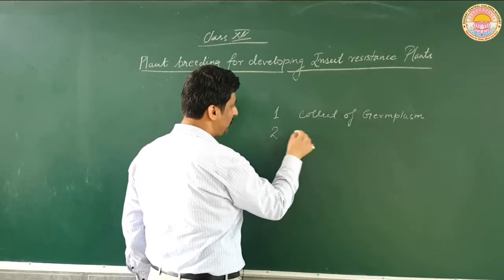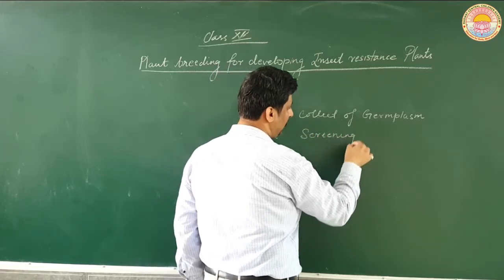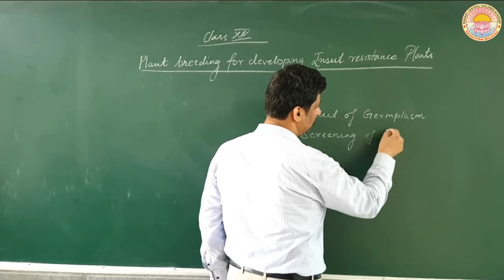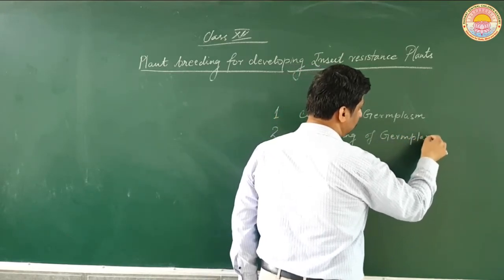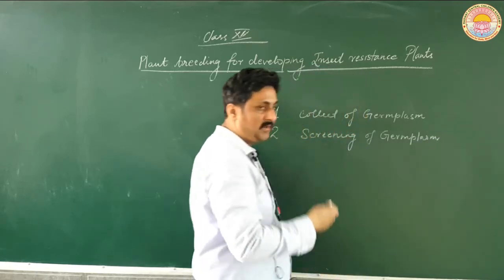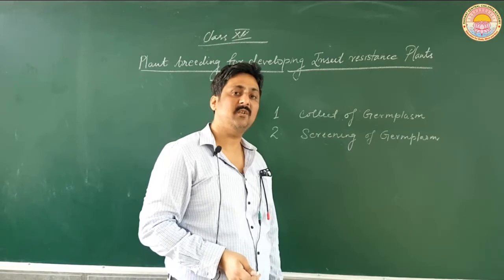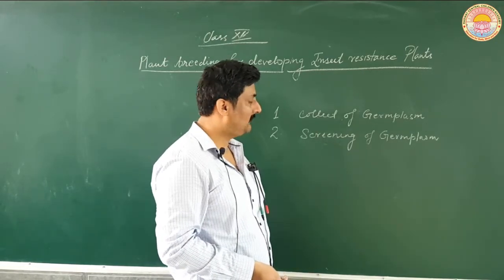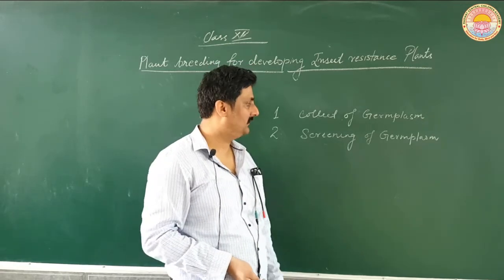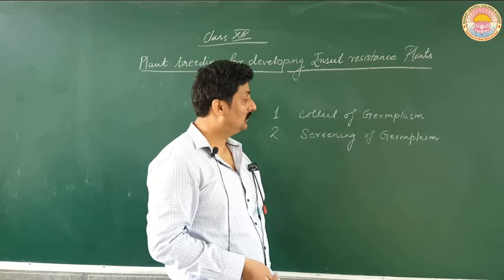Then screening of germ plasm is also important. You need to screen the germ plasm, or you can say evaluation of the parents. Evaluation and selection of parents is similar to screening of germ plasm.